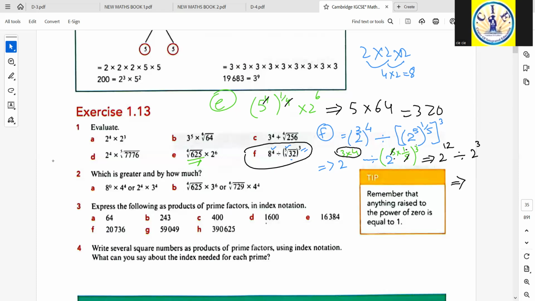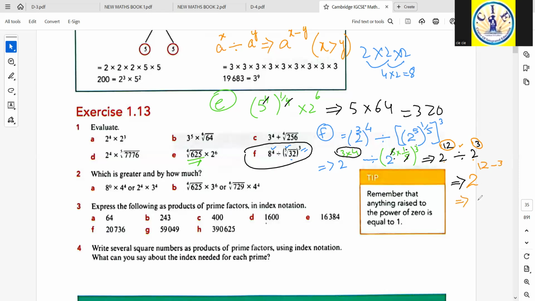I'm going to apply the rule of indices that whenever a raised to power x and a raised to power y, two numbers with the same base, are to be divided, you write them down like x minus y, provided that x is greater than y. So in this case, 12 is greater than 3, obviously. Both the numbers are being divided here, having the same basis. So I can write it down like 2 raised to power 12 minus 3.